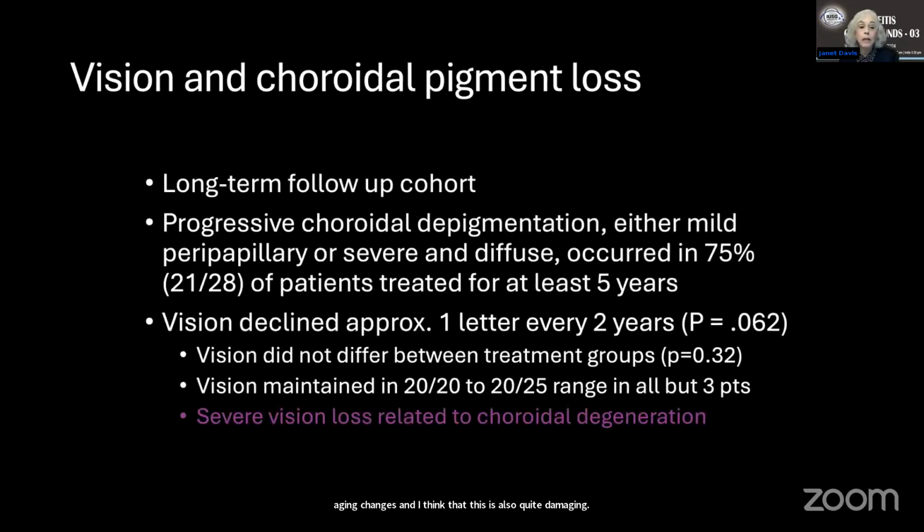So to sum up, in a long-term follow-up choroid cohort, I am associating progressive choroidal depigmentation in most of the patients who were treated for at least 5 years, and also correlating this with vision loss, which generally is slow, but if there's severe vision loss, it's related to choroidal degeneration.